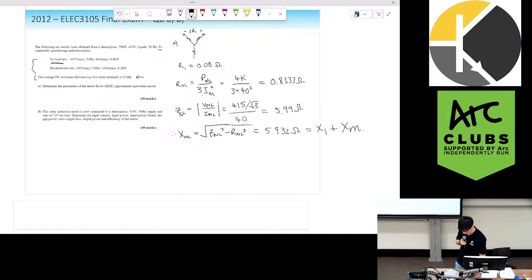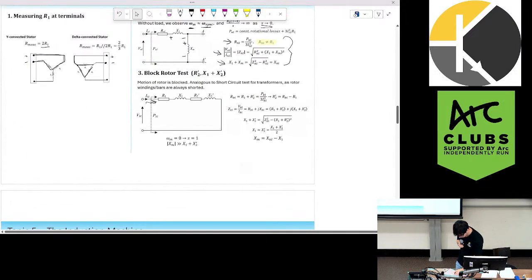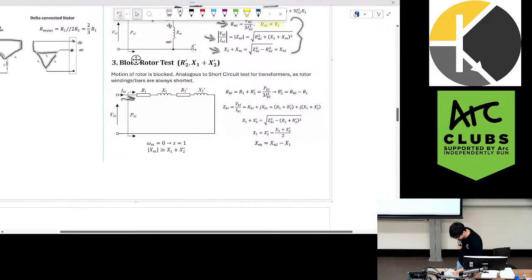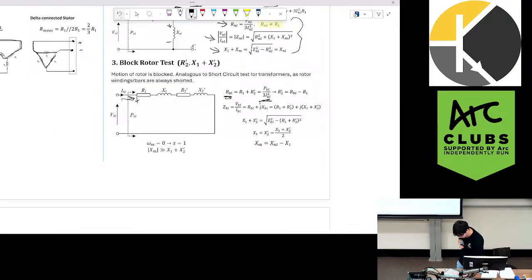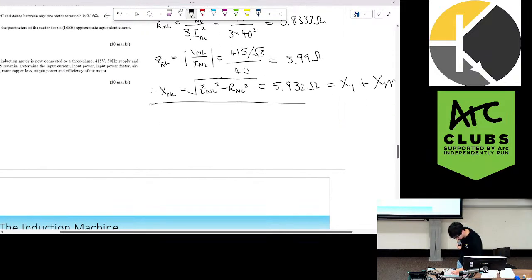Now we're going to use our blocked rotor test. With blocked rotor, we can apply the same formula to find block rotor resistance. And this is going to be this resistance in series with this resistance. So we have RBL equals PBL over 3 I squared BL.